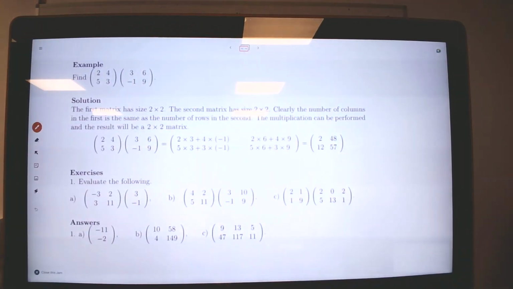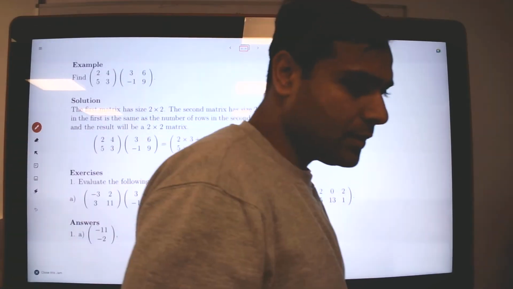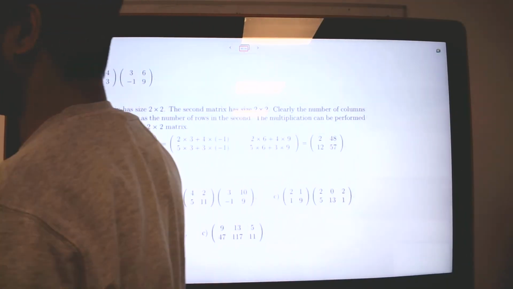First, I need to check if I can multiply the matrices or not. Are you able to see that clearly? Yeah. Okay. So first I need to find out if I can multiply the matrices.